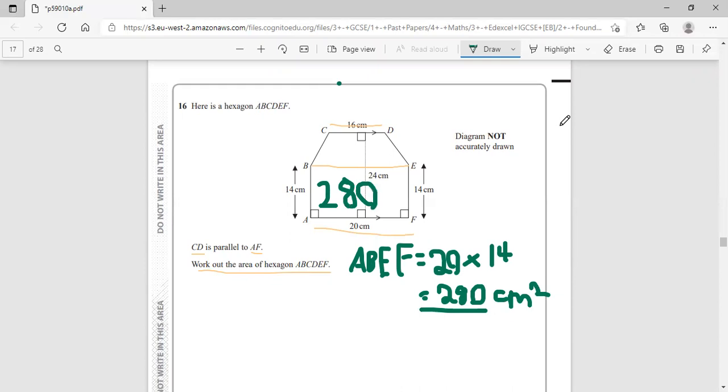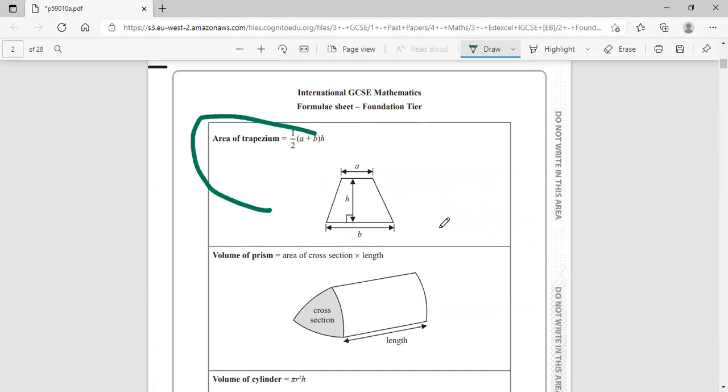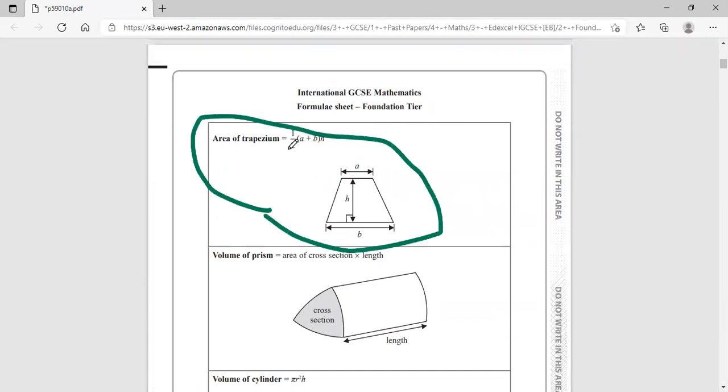In the formula sheet, we have the formula for the area of the trapezium. The area of the trapezium is 1/2 (a plus b) times h. a is the top length, b is the bottom length, and h is the height. And they have to be parallel, the top and bottom. That's why the question told us they're parallel.